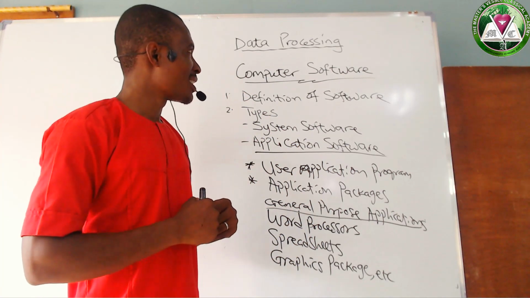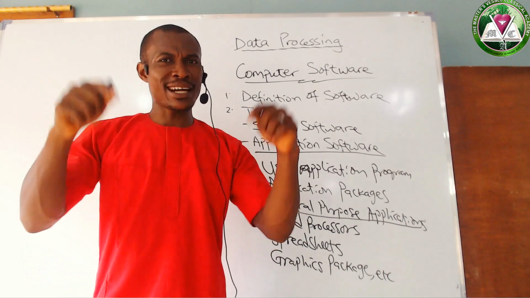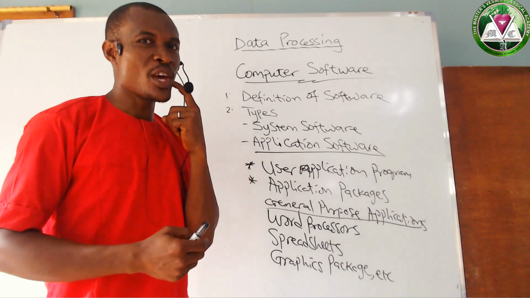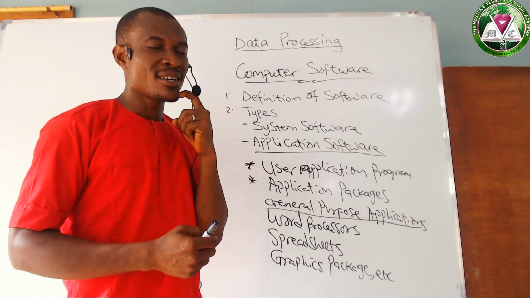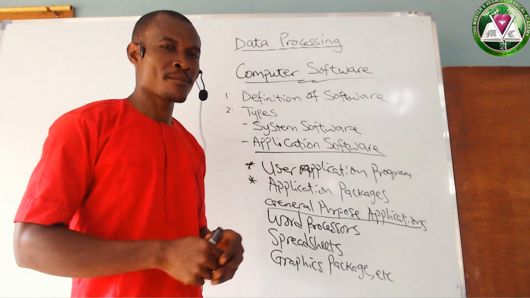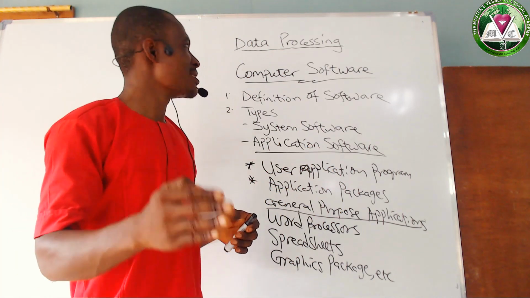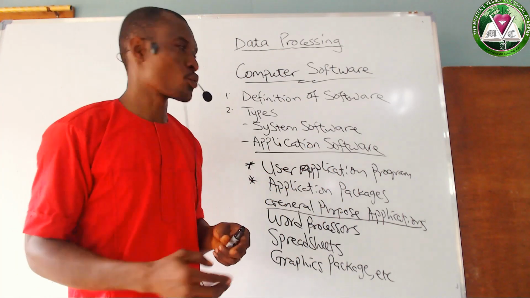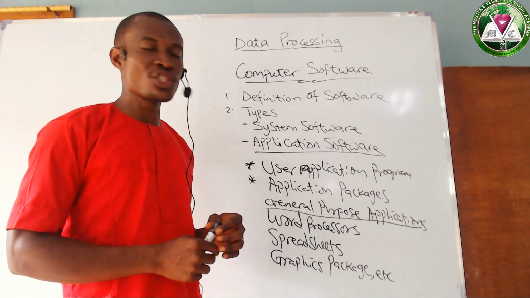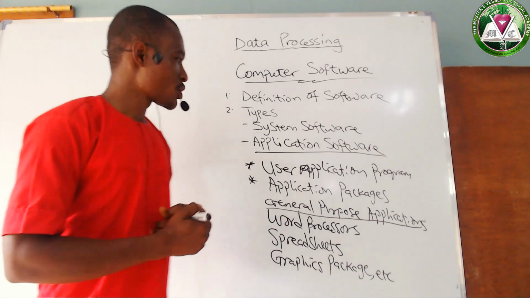Now, before I go, I don't like students cramming. Try to understand what we are talking about here so that when you want to answer, you can answer in your own way, still meaning the same thing. Now, take note of these questions. What is computer software? Mention and explain the two major categories of computer software.